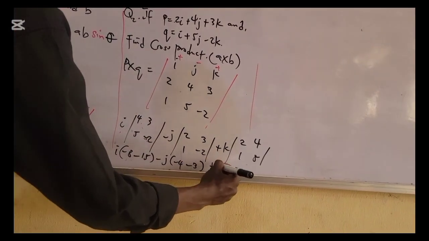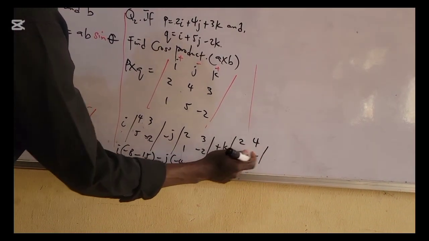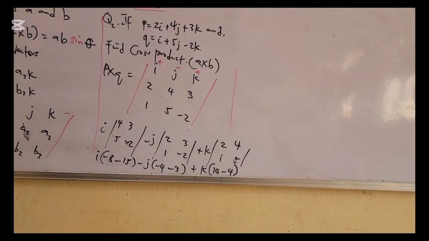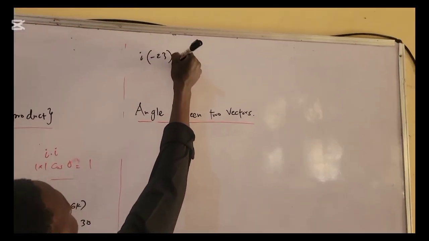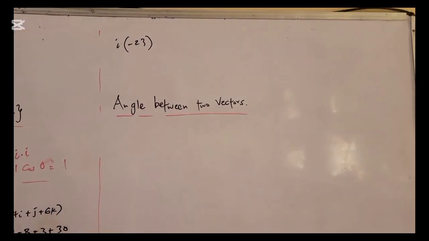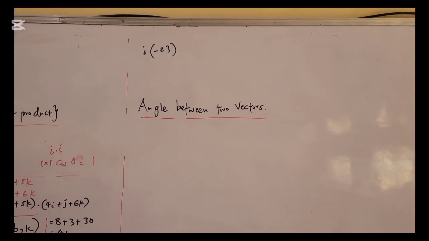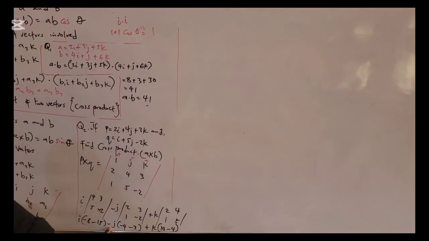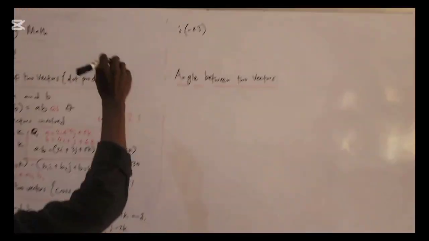Then for this, we have K into brackets: 2 multiplied by 5, that's 10, minus 4 multiplied by 1, that's 4. So now we can bring them out. Minus 8 minus 15 will give us minus 23, so we have I as minus 23. Then minus 4 minus 3 will give us minus 7. Minus 7 multiplied by minus J will be plus 7J.